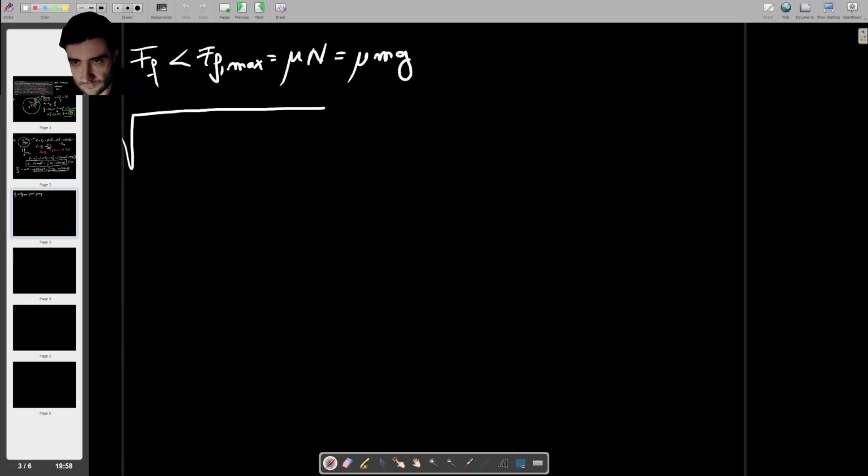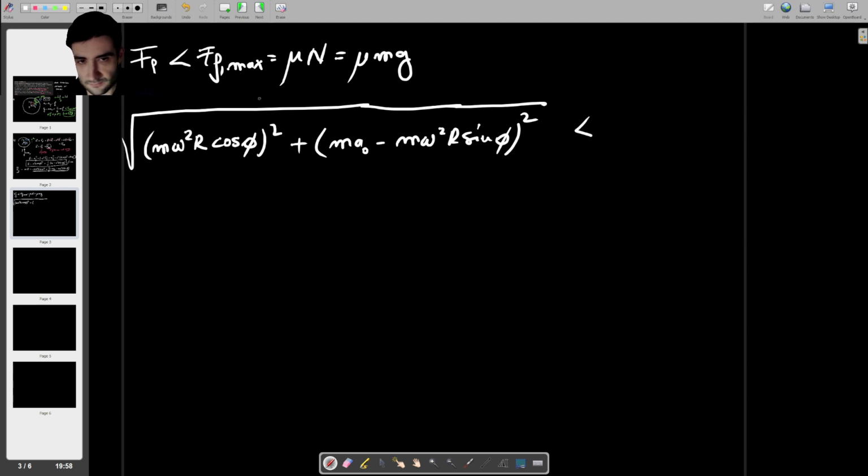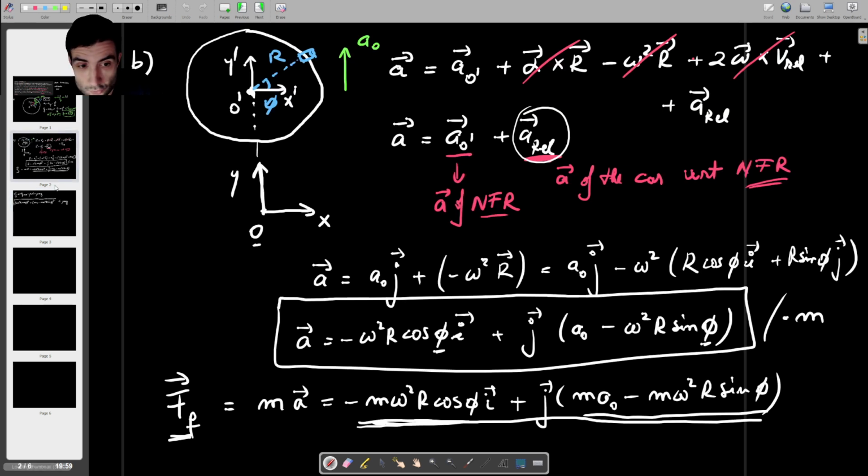So we're going to get m omega squared r cosine of phi squared, plus m a0 minus m omega squared r sine phi squared, and this should be less than mu m g. Okay, so what's left to do is to solve this. We have to square everything up, and we are going to do that.